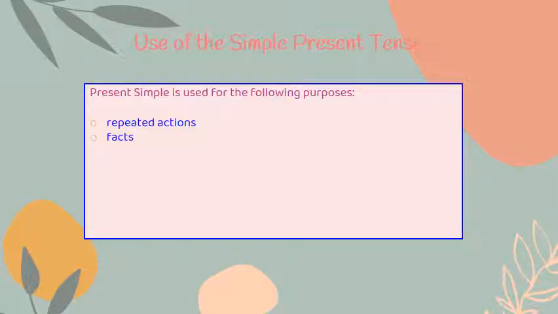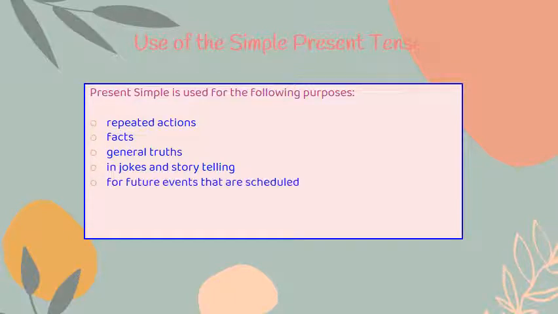Facts, real information about something or someone. General truths, related to science mostly. In jokes and storytelling. And also for future events that are scheduled, events in the future that are precise about when they must happen. We use for them the simple present tense.